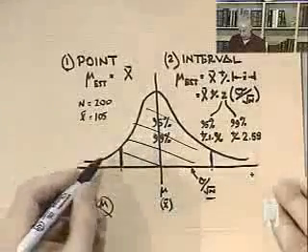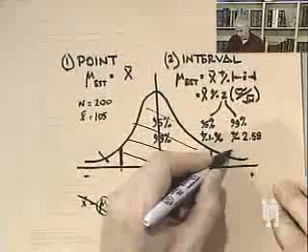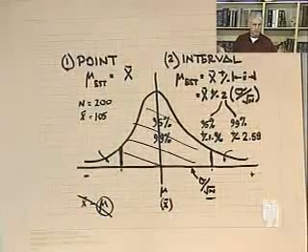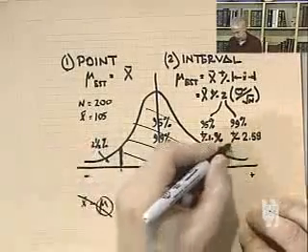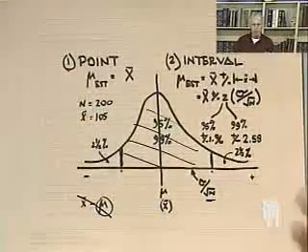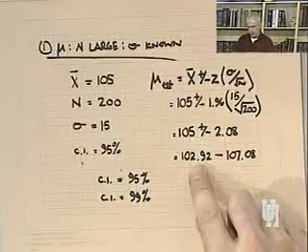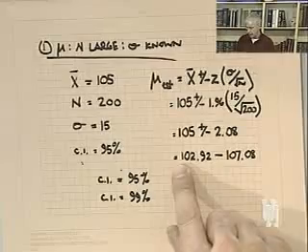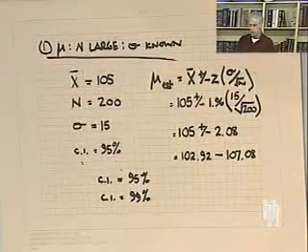If that's the case, we haven't isolated 5% of the scores, and those are distributed evenly at both tails of the distribution. So 2.5% of them are here, and 2.5% are here. So overall, there is a 5% likelihood that the average IQ of this community as a whole is either below 102.92 or above 107.08.